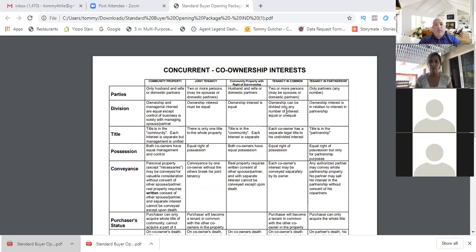A trust is the only thing keeping a property out of probate in the episode in which somebody untitled passes, okay? So I cannot emphasize that enough, how important it is.